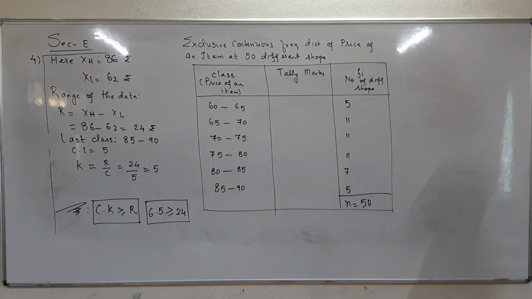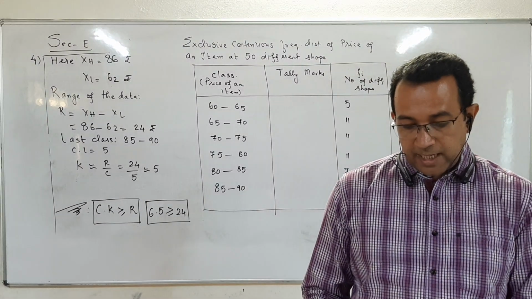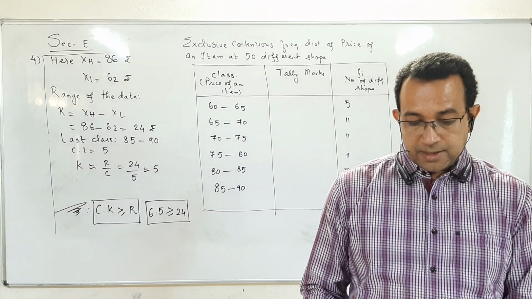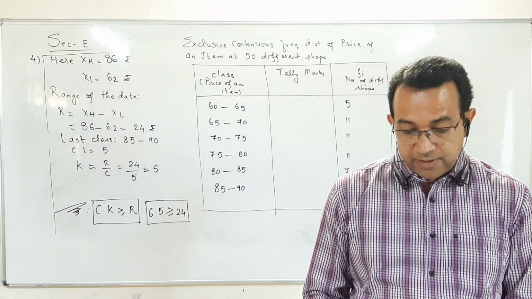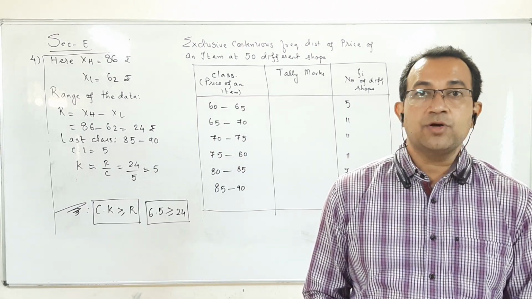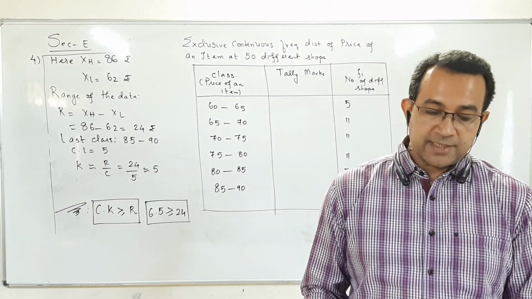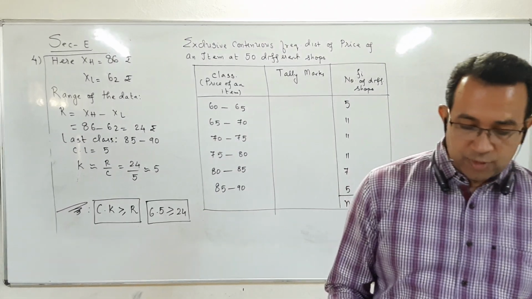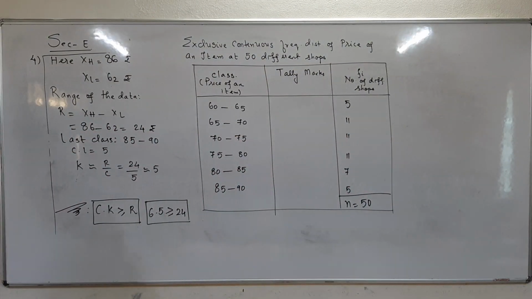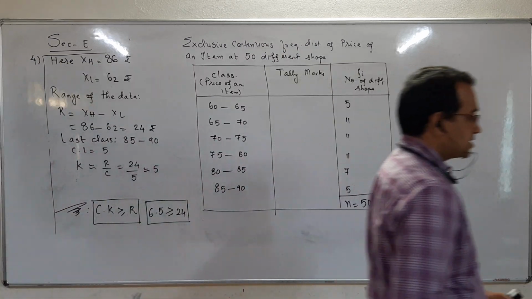Now, students, before starting the sum, if you carefully observe, here it is given as less than type cumulative frequency distribution. I am talking especially of the 7th sum. Check 7th sum. Obtain an exclusive continuous frequency distribution. Now, students, if you recall, there are 2 types of cumulative frequency distribution.